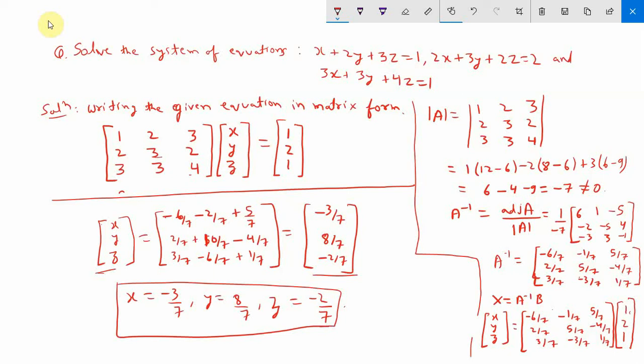So we will take another problem and we will consider the next type, homogeneous equations.